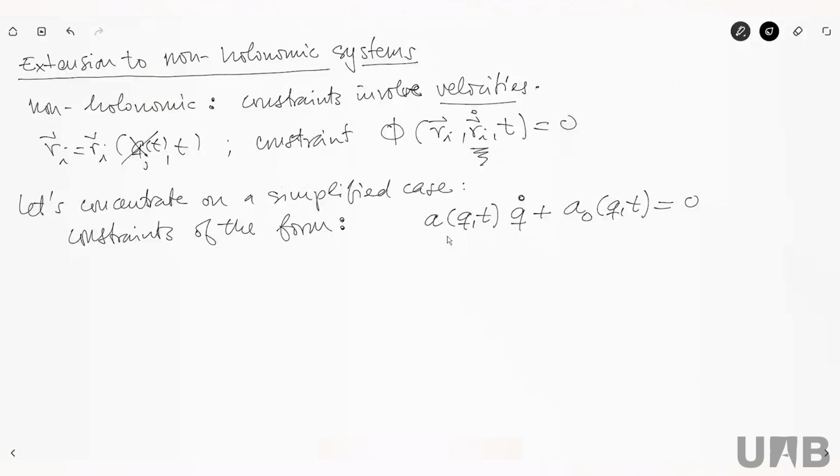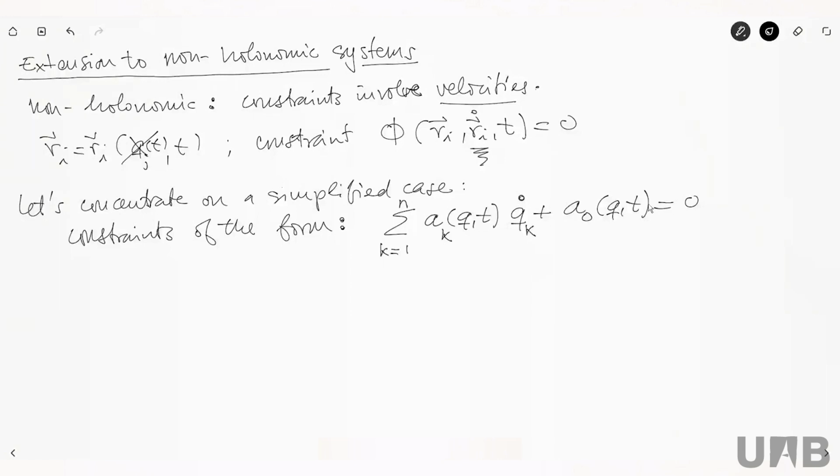And this can be for all the variables, right? So I can put here an index k, and here I have an index k, and that would be one constraint. This is a sum over k from 1 to n. So imagine that I have a constraint like this. It is a constraint that involves the velocities.